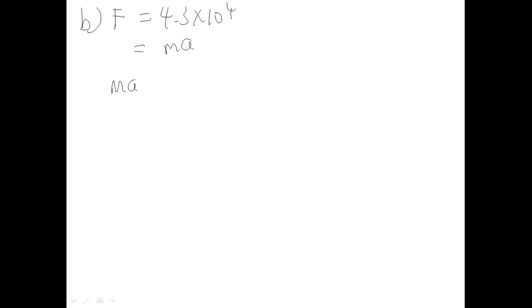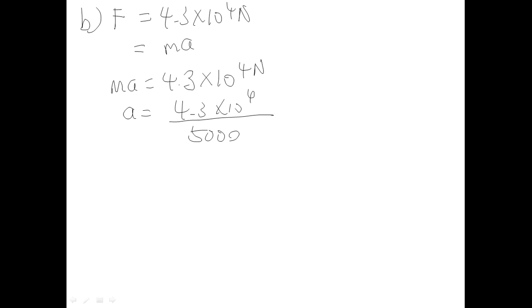So ma equals 4.3 times 10 to the power 4 Newton. So my a will be 4.3 times 10 to the power 4 Newton divided by 5,000 kilogram. So I will get my answer as 8.6 meter per second squared.